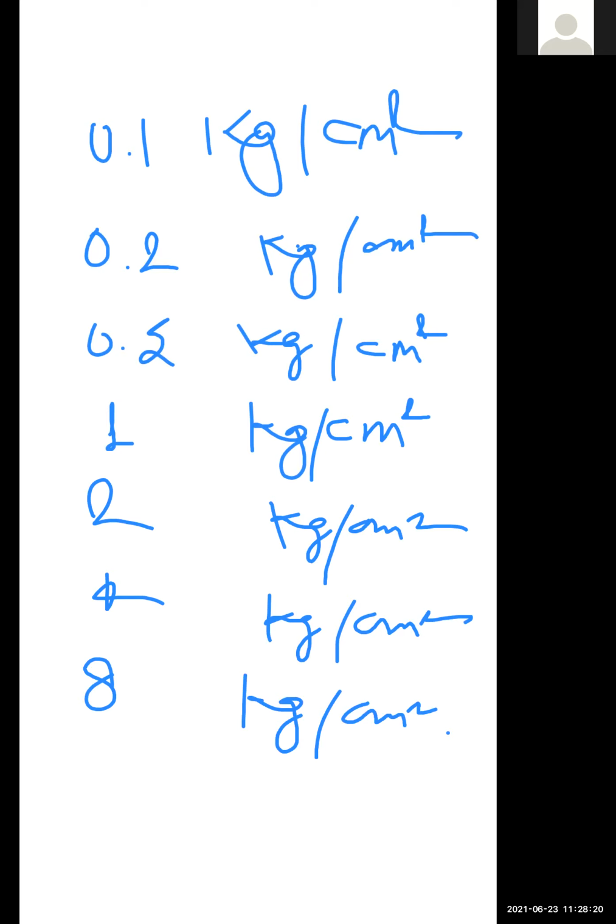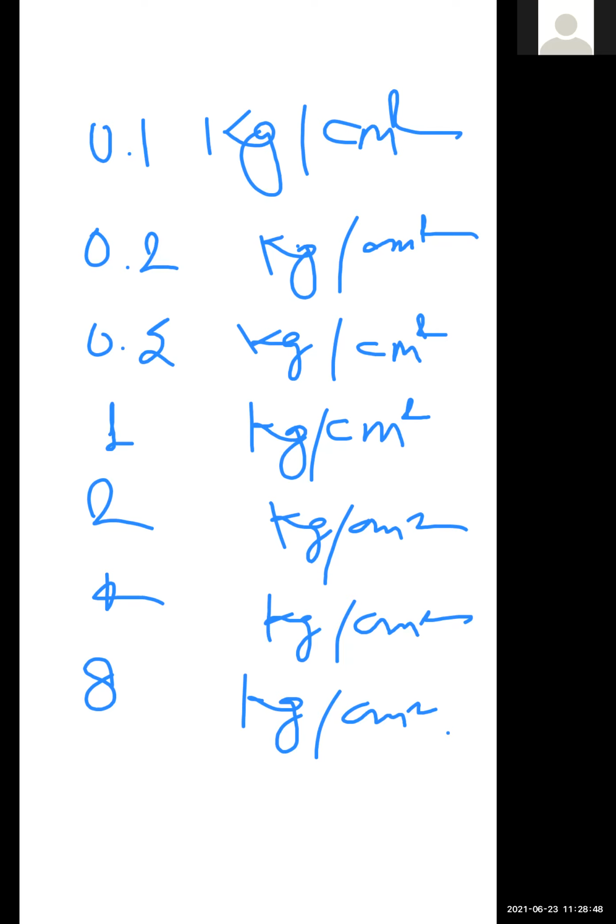centimeter square. After the last loading is completed, reduce the load to the value of the last load and allow it to stand for 24 hours. Reduce the load further in steps of the previous intensity till an intensity of 0.1 kg per centimeter square is reached.